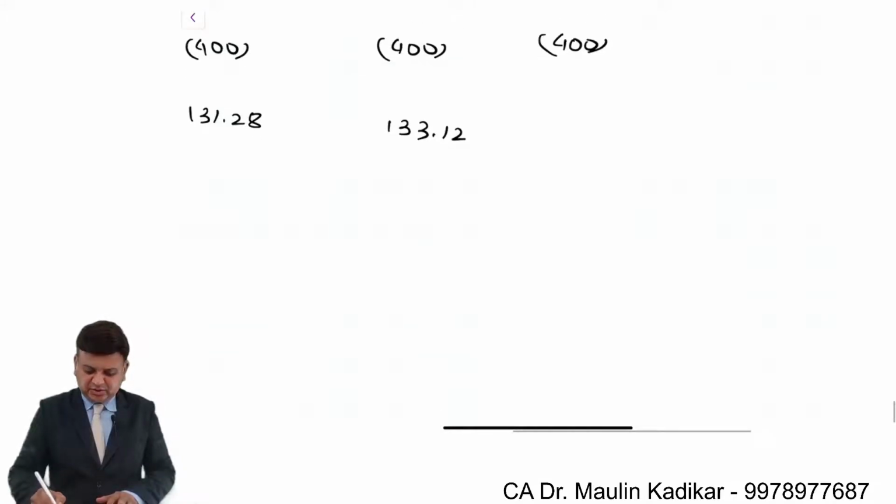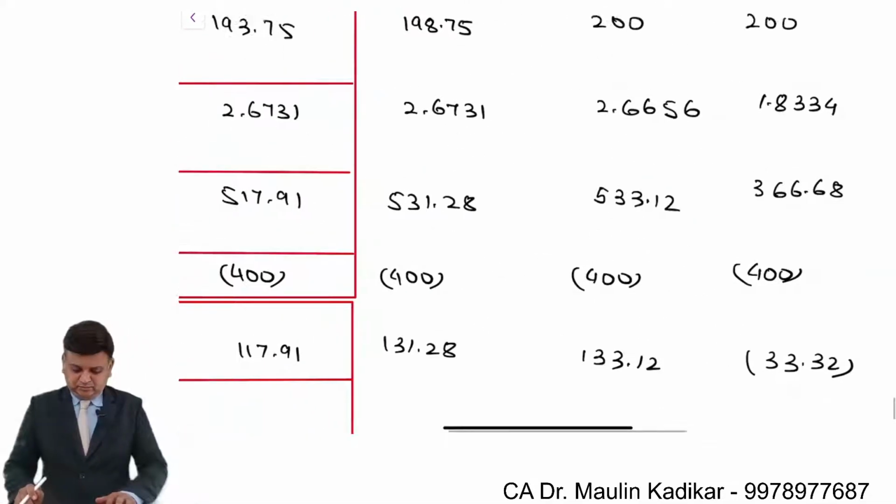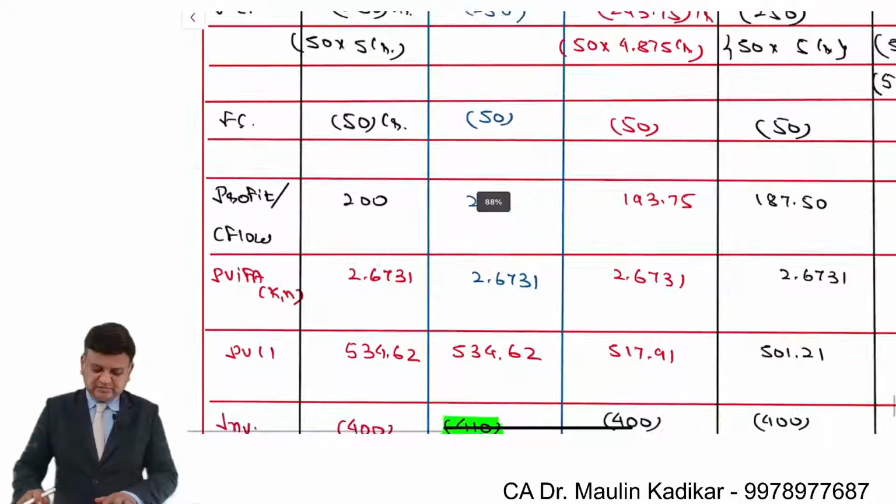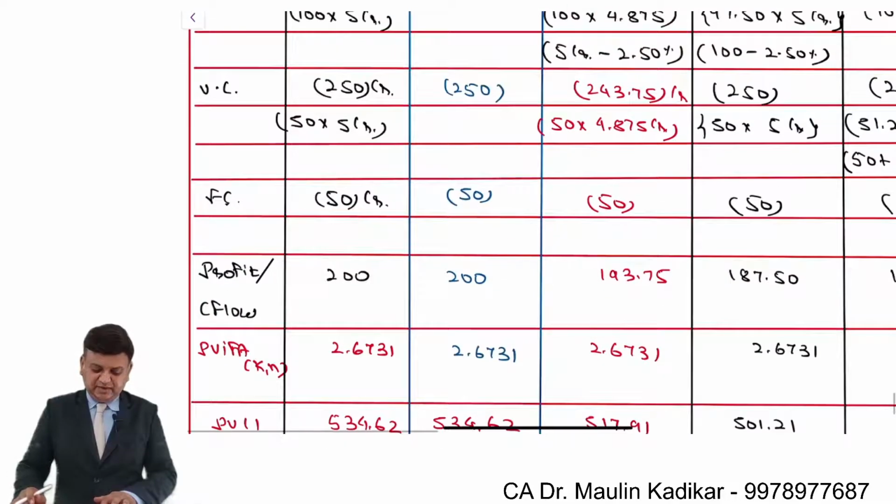So negative 33.38. So this is the way we are required to compute the NPV.